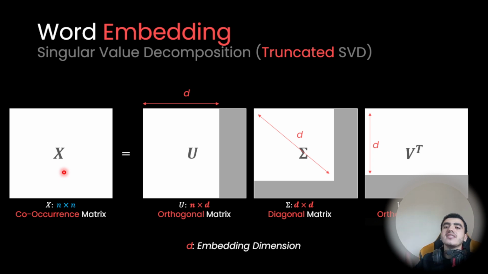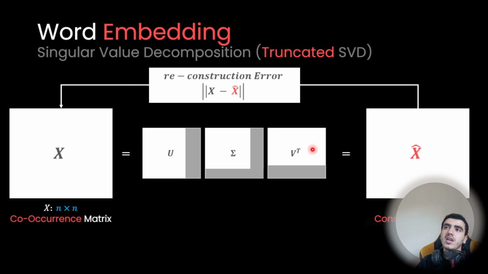I can truncate it. And in the same way, if I need to reconstruct this co-occurrence matrix from these low dimensional truncated matrices, I have this output, x hat, which is the truncated version of the original matrix, and then I can calculate the reconstruction error.